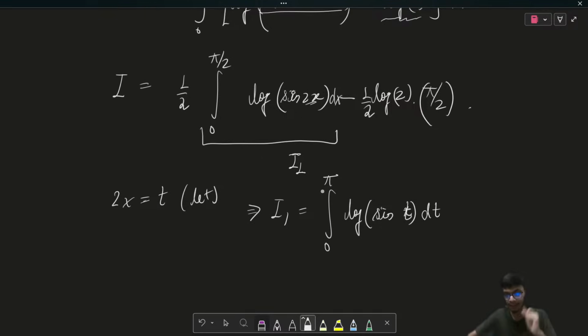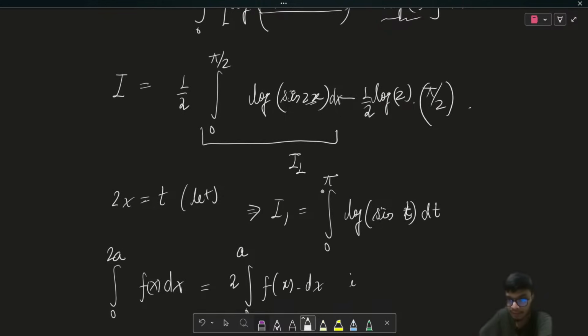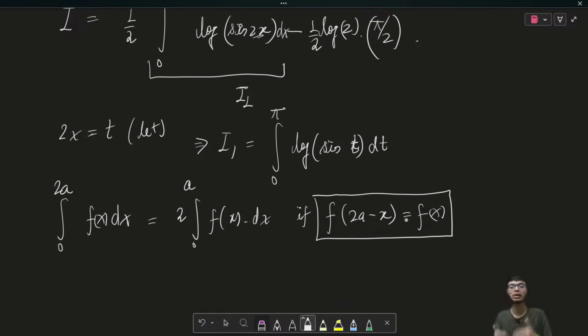Now remember that in the last class we discussed another very important property of changing the limit of the integral to its half, right? So then I can write this as 2 times the integral 0 to a of f of x dx if and only if I have this particular condition, that is f of 2a minus x is equal to f of x.